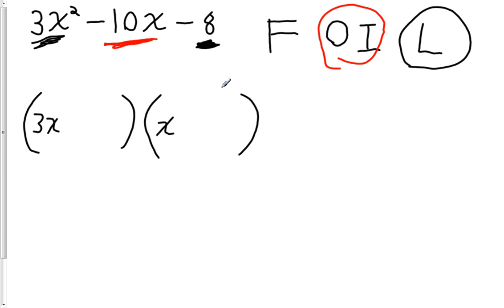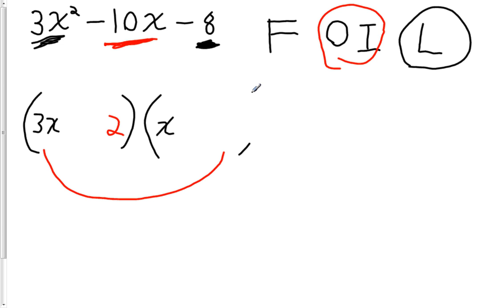So now let's try the factors of 8. All right, let's try 2 and 4. 2 times 4 is 8.